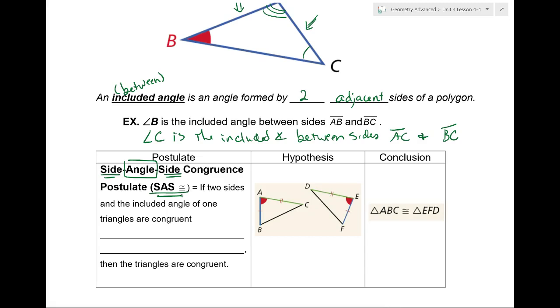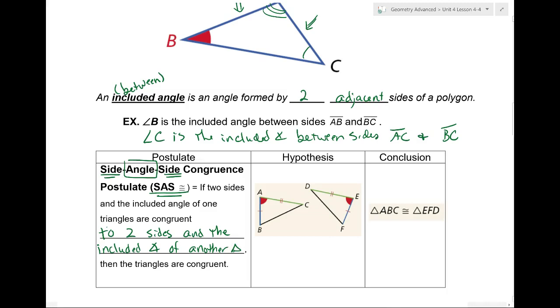All right, so if 2 sides and the included angle of one triangle are congruent to 2 sides and the included angle of another triangle, then the triangles are congruent.